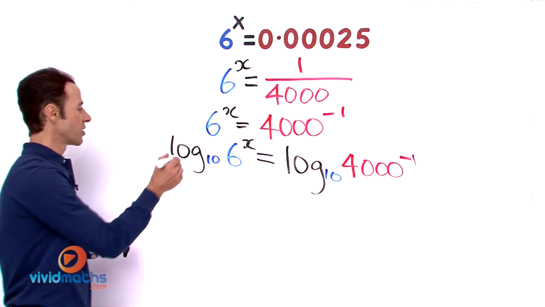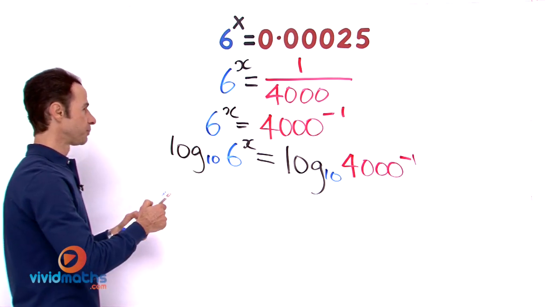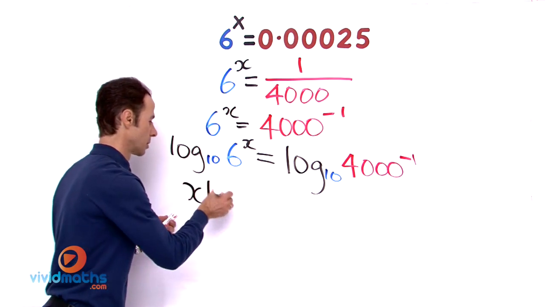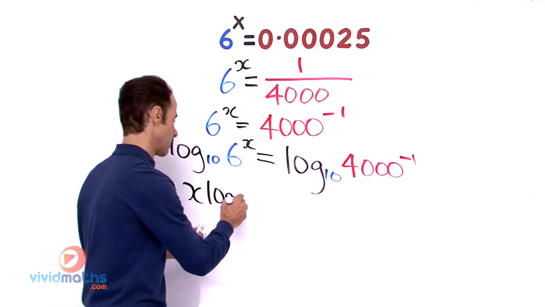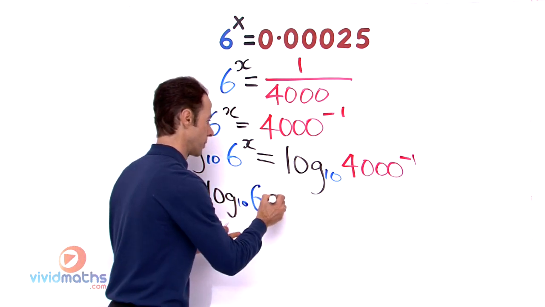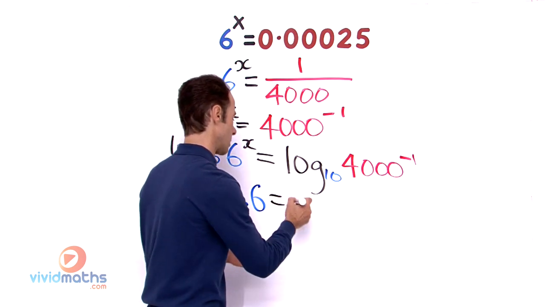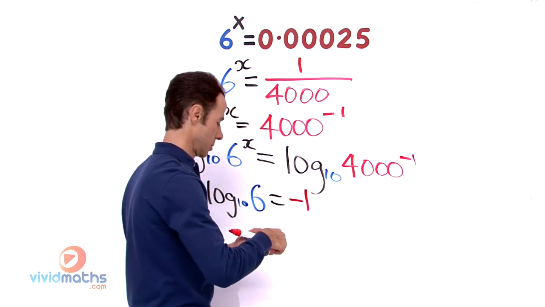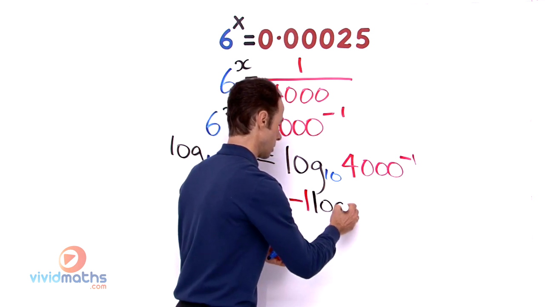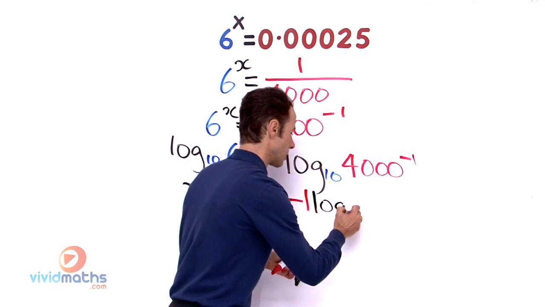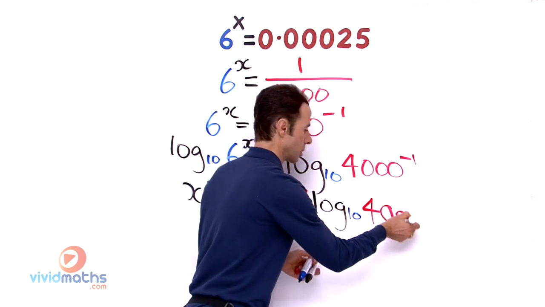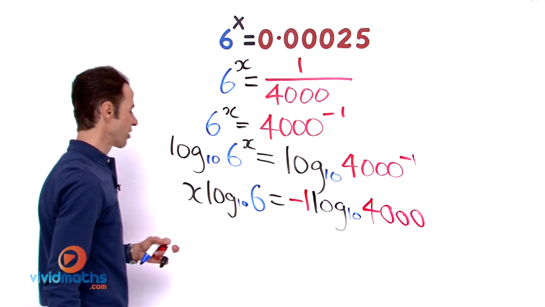So that means this side is going to become x log 6, and the other side, negative log 4000. There we go, there's our equation.